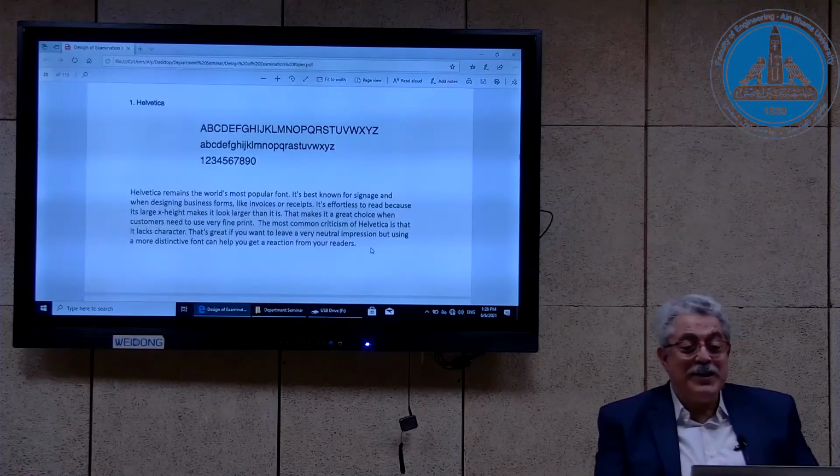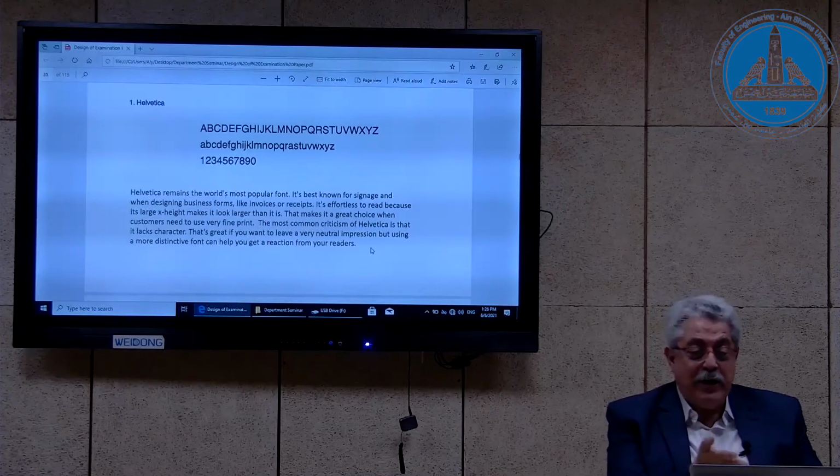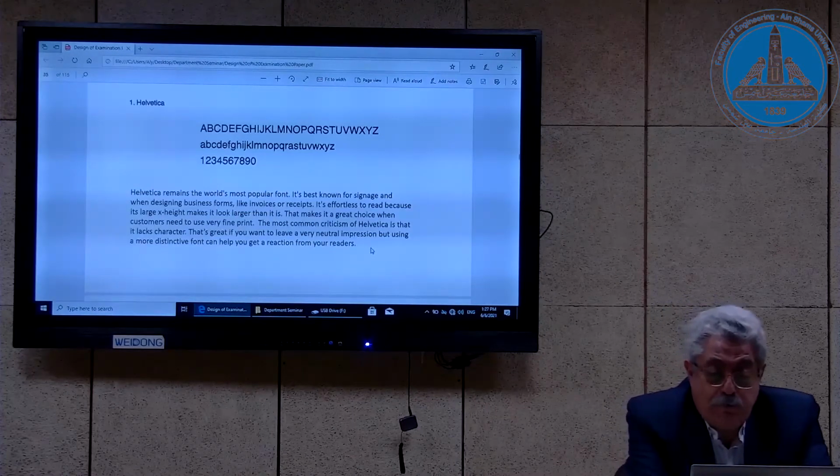The first one is Helvetica, and it looks like this in uppercase, lowercase, and numbers, and it remains the world's most popular font. It's best known for signage and when designing business forms like invoices and receipts. It's effortless to read because of its large x-height, which makes it look larger than it is.